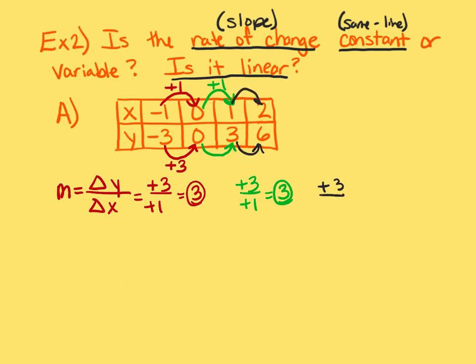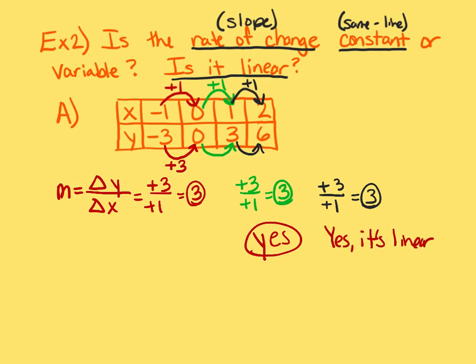The change of our x's goes up 1. 3 over 1 is 3 again. So to answer the question, is the rate of change constant? That's the same. Yes, it is constant. Is it linear? Yes, it's linear. We know that because the rate of change is the same.